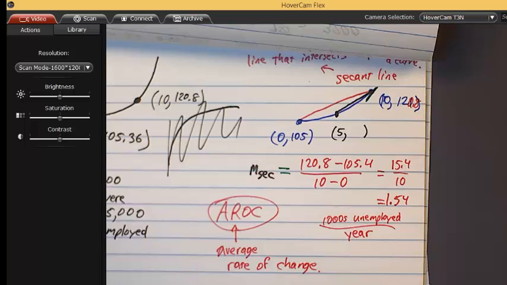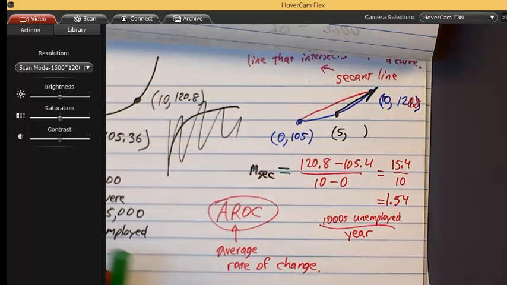I'd get a number of jobs lost per year. If I did the black line, would the answer be greater than or less than what I did when I did the red one? Definitely greater. It's more steep, right? Or you could say I'm only dividing by 5. I'm not dividing by 10. You guys with me? It's going to be greater.